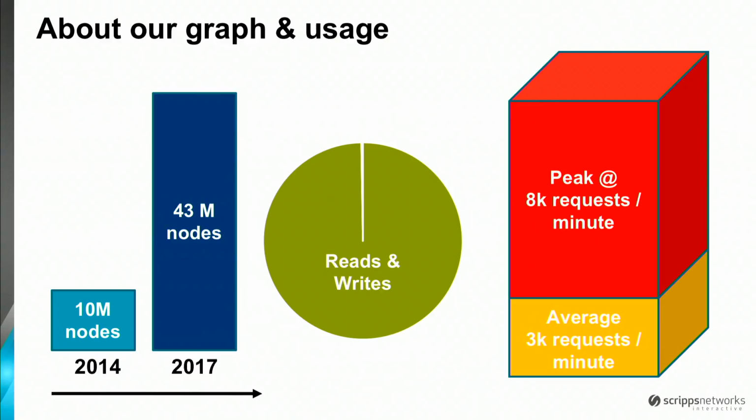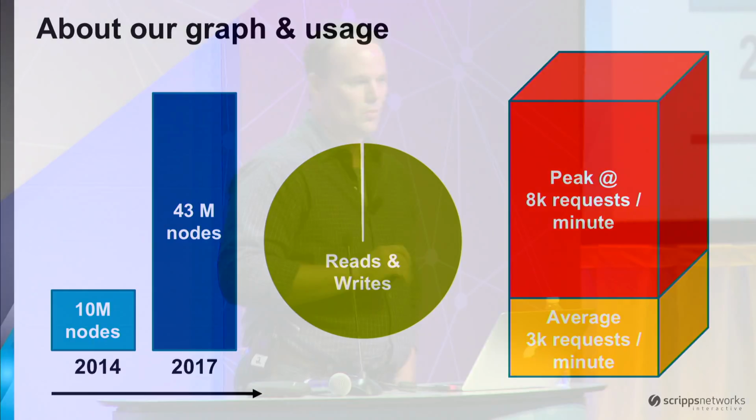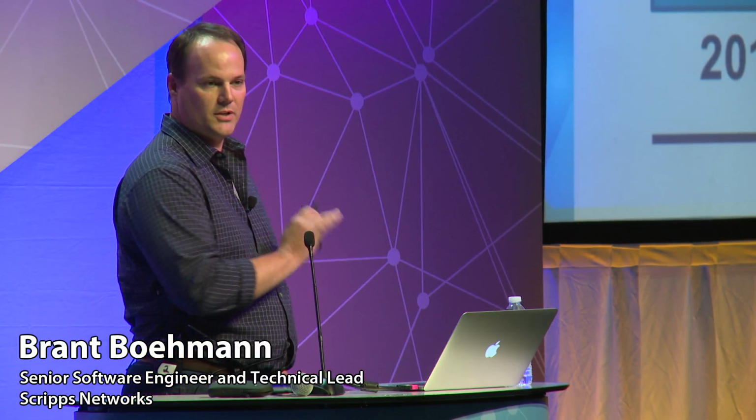So between 2014 and 2017, we grew a little more than 4 times. And the important thing about what Neo4j has provided us is that our query times have been constant, just above 2 milliseconds per request, from 10 million nodes to 43 million nodes.